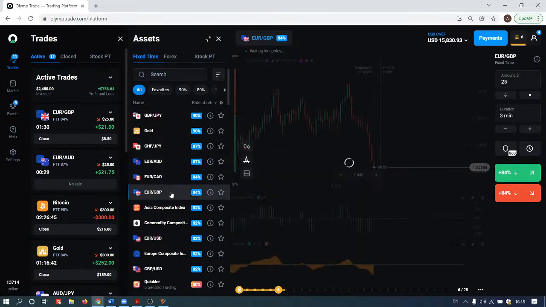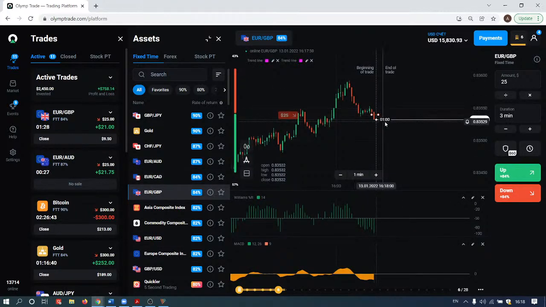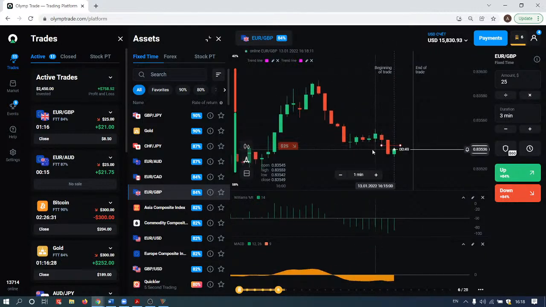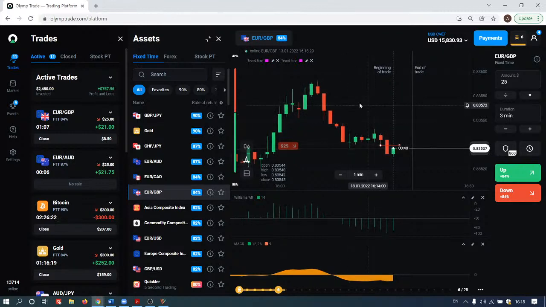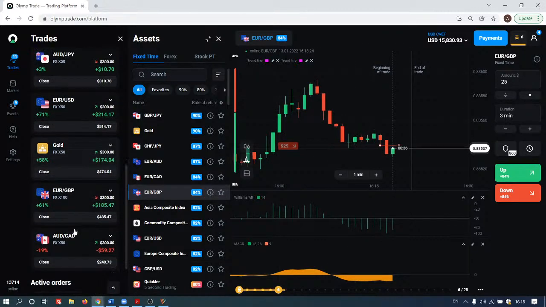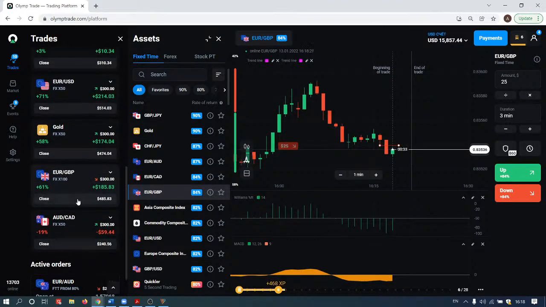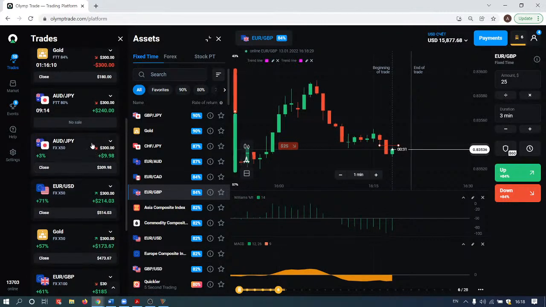But instead, there is a way to make money even if your winning ratio is somewhere around 50%. There is the loss compensation system, which you can sometimes refer to as martingale. Another way is to trade forex. On forex, you let your profits grow in your winning trades. Here I have a few forex trades, and I'm not closing them.